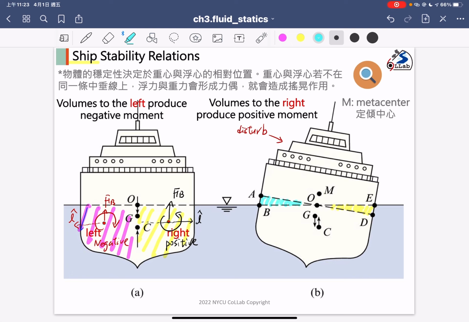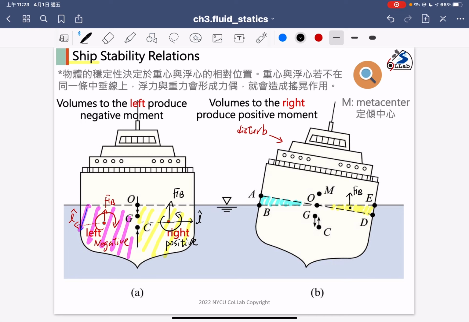That's a different condition because we have more volume immersed into the liquid. So here we will have some additional buoyant force, right? Because the buoyant force is related to the displaced volume.